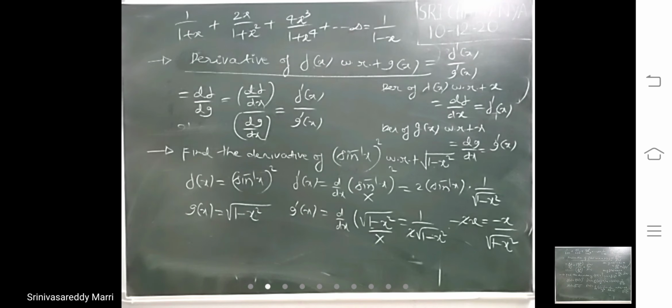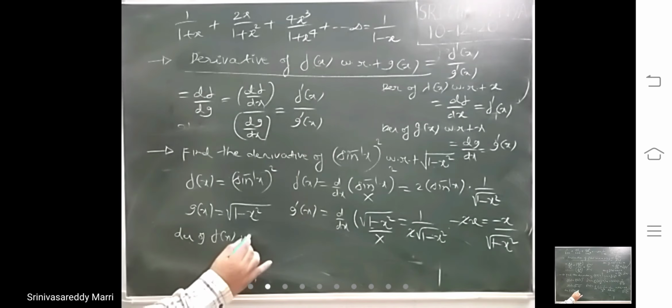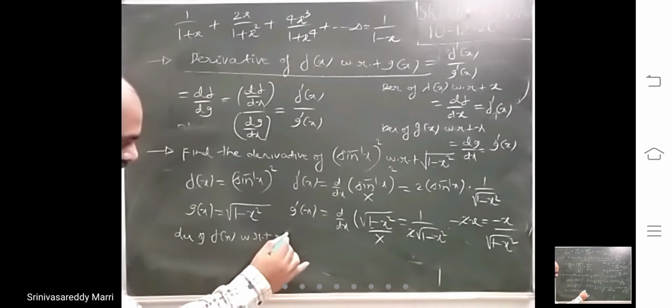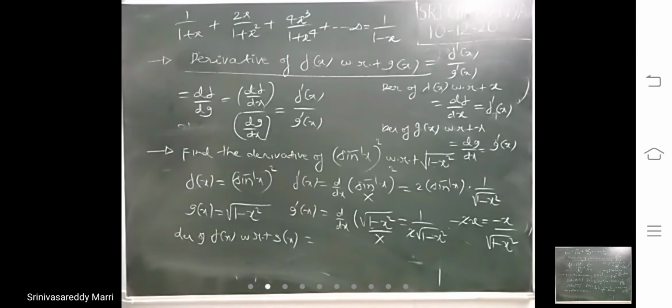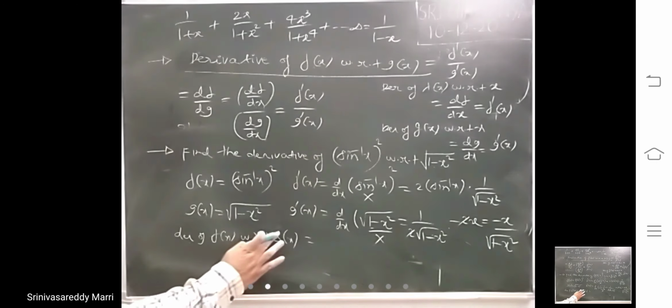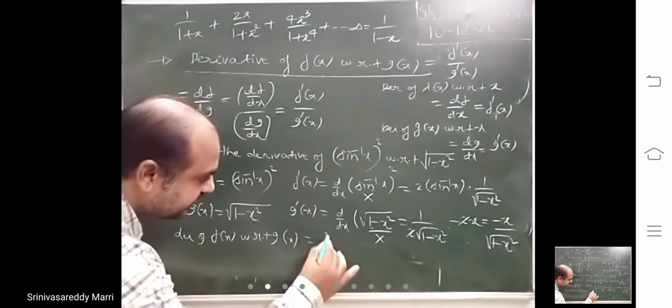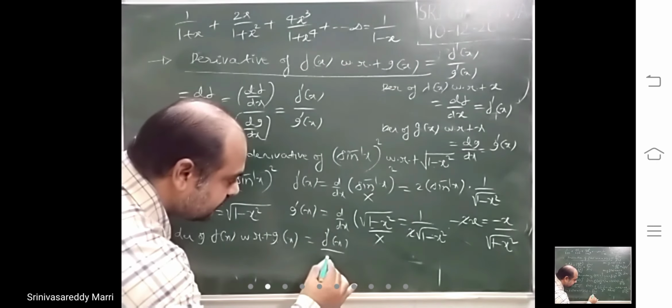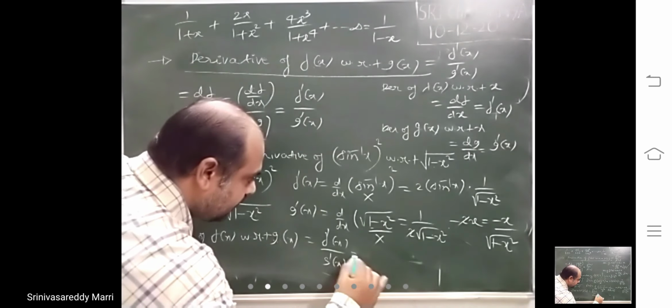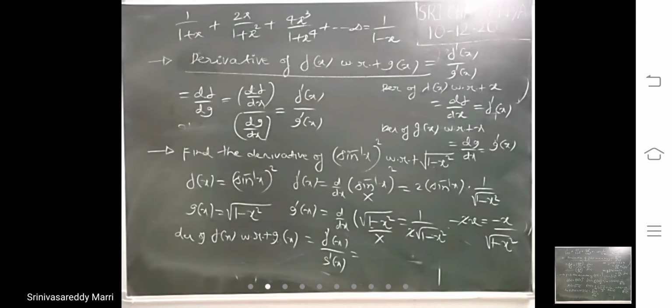This. So now what derivative do you need? Derivative of f of x with respect to g of x. With respect to g of x means what? Your answer: f dash x by g dash x.